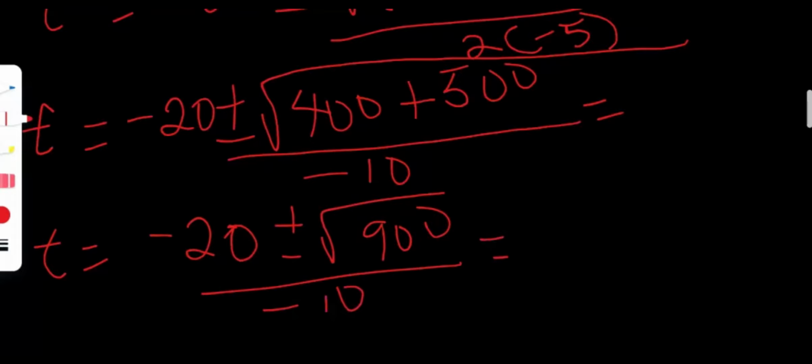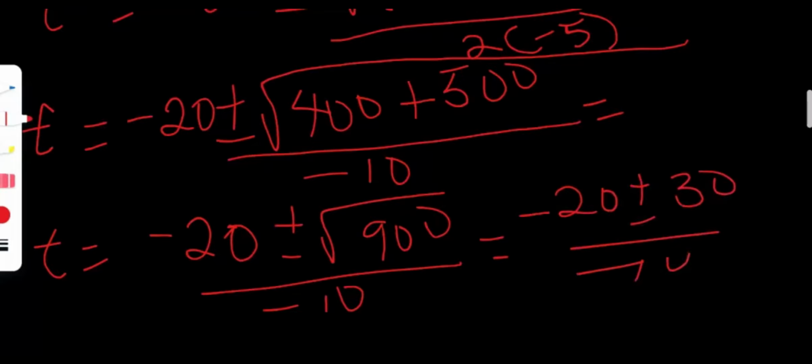And that will give us -20 plus or minus 30 over -10.